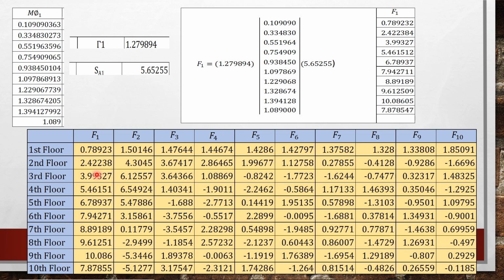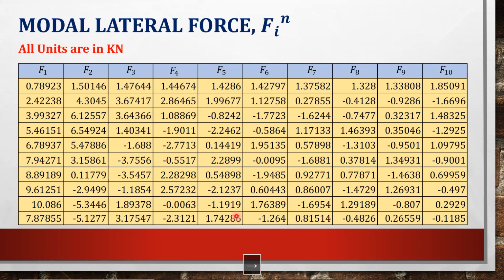For fourth floor, 5th, 6th, 7th, 8th, and 9th, and 10th floor. Then, ito naman yung every mode natin. For mode 1, mode 2, mode 3, and mode 10. So, ito na yung lateral forces natin. So, modal lateral forces, ito. We always take note na lahat ng value na ito is naka-kilonewton, no?